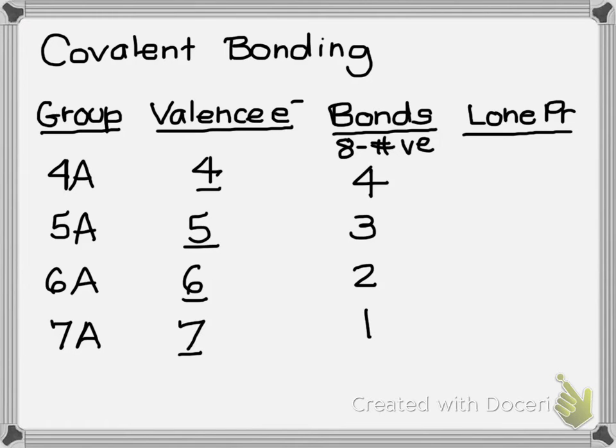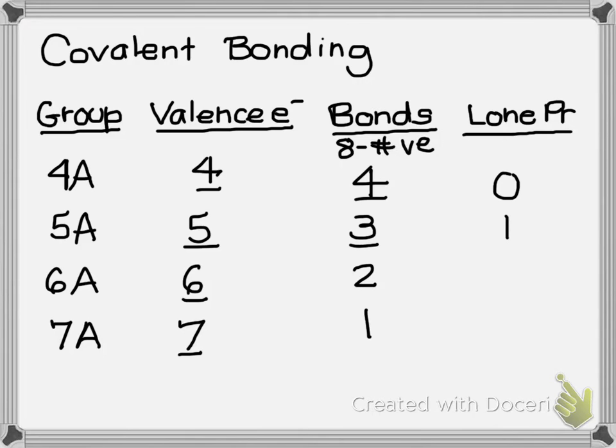Well, with these bonds, sometimes you have to have lone pairs, remember from the lesson? Because when you look at the element, except for hydrogen, we want to have 8 electrons or 4 pairs around it. So if I already have 4 bonds, then I would not need any lone pairs. If I had 3 bonds, that only represents 6 electrons.